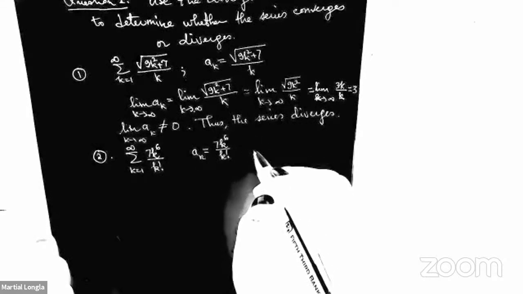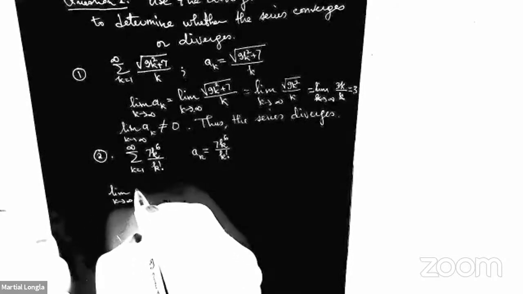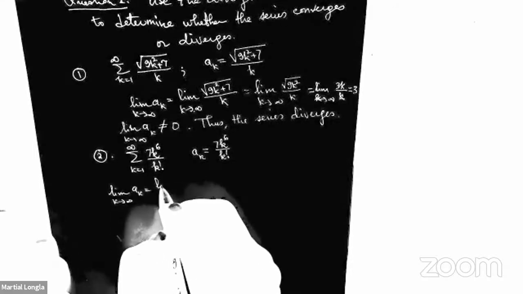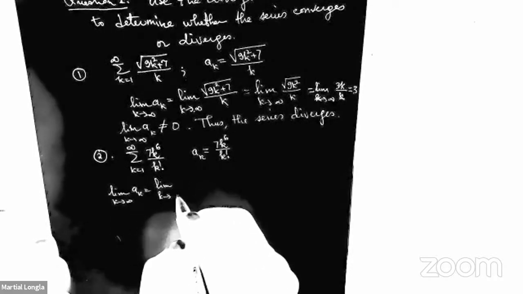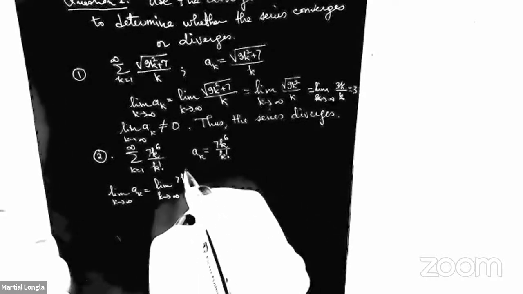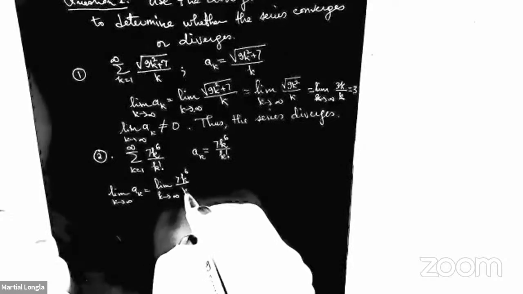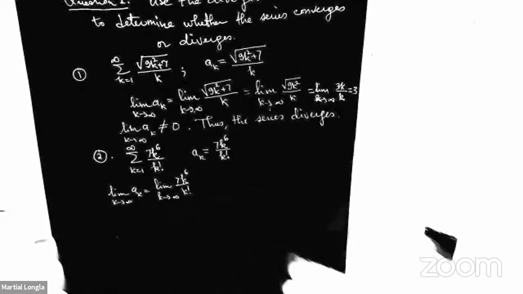And you need to find the limit as k goes to infinity of a_k, which is the limit as k goes to infinity of 7k to the 6 over k factorial.